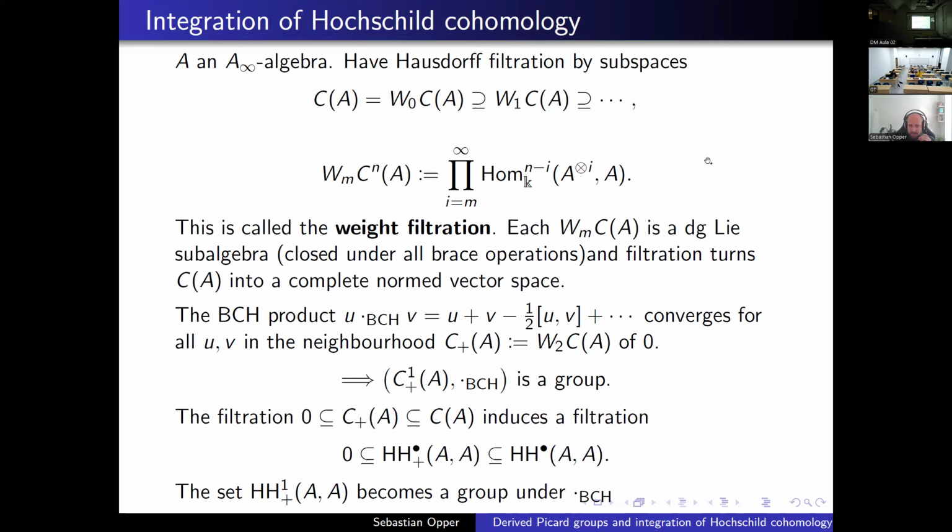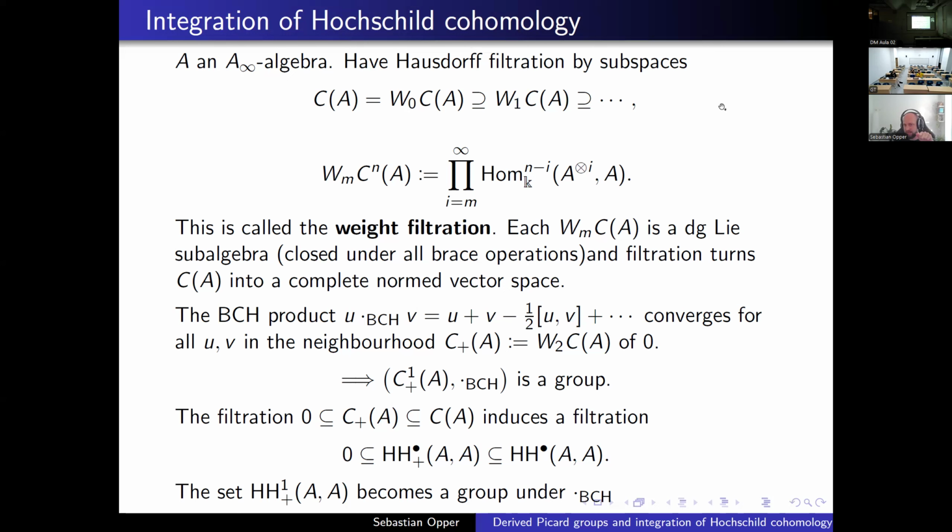Yes, so you say it's like a norm. The norm of something is the inverse of 2 to the power of the smallest index of the subspaces in which it lies.